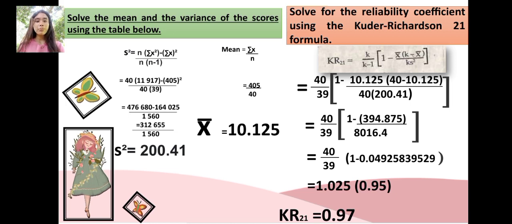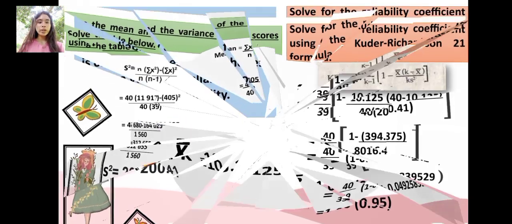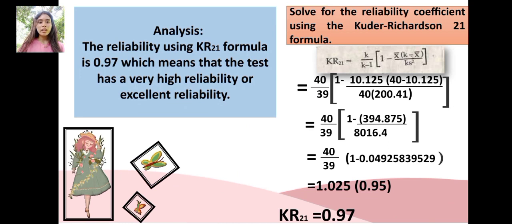And then we are going to analyze by interpreting the reliability. For analysis, the reliability using the KR21 formula is 0.97, which means that the test has a very high reliability, or excellent reliability. So the reliability of this test is so high, it's so excellent.